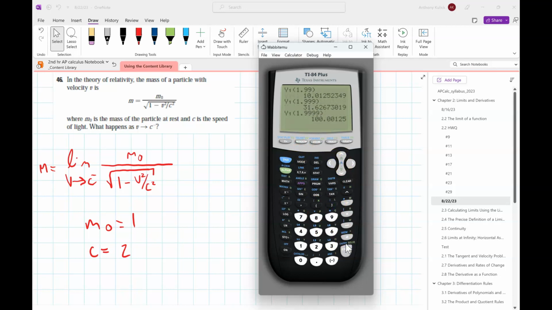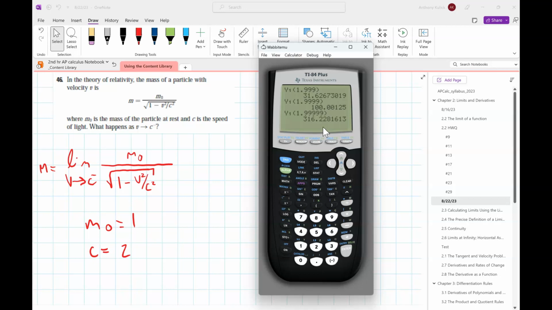You can see that the closer I'm getting to 2, the more it's growing, right? Which looks to me like it's going off to infinity, which matches what some of us remember from our physics class, that at very fast speeds, things get real weird real quick.